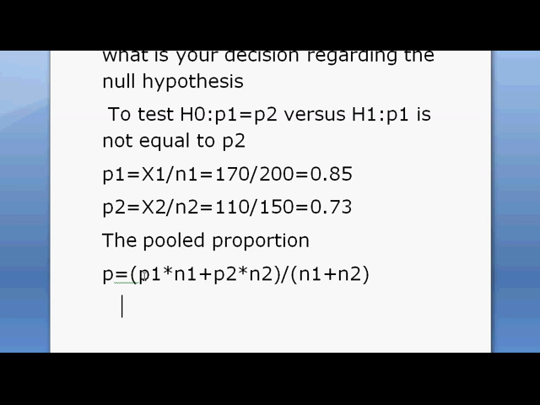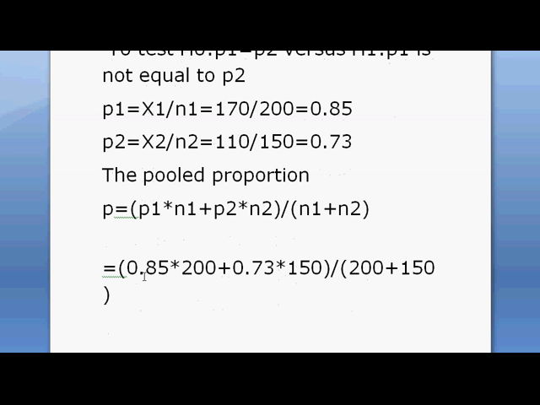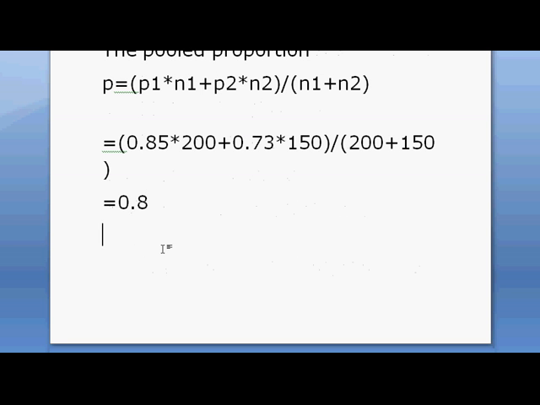That is equal to 0.85 into 200 plus 0.73 into 150 by 200 plus 150. That will give you the value as 0.8. So P is equal to 0.8.